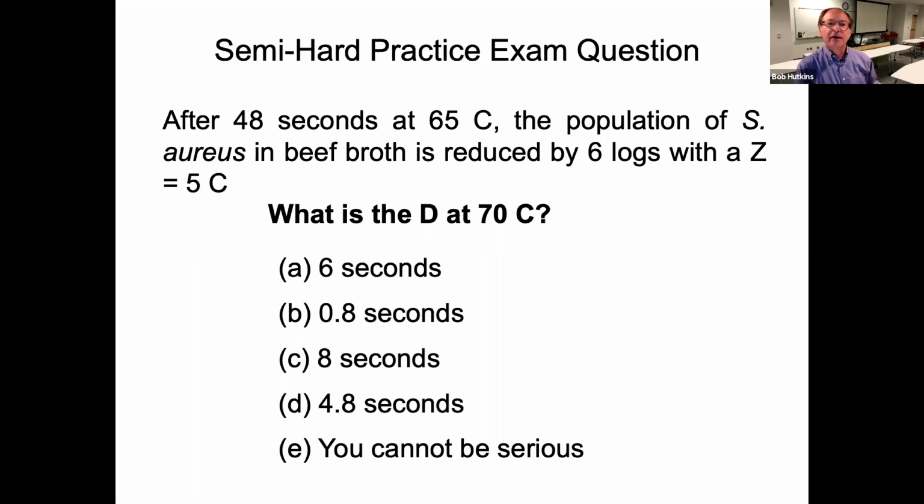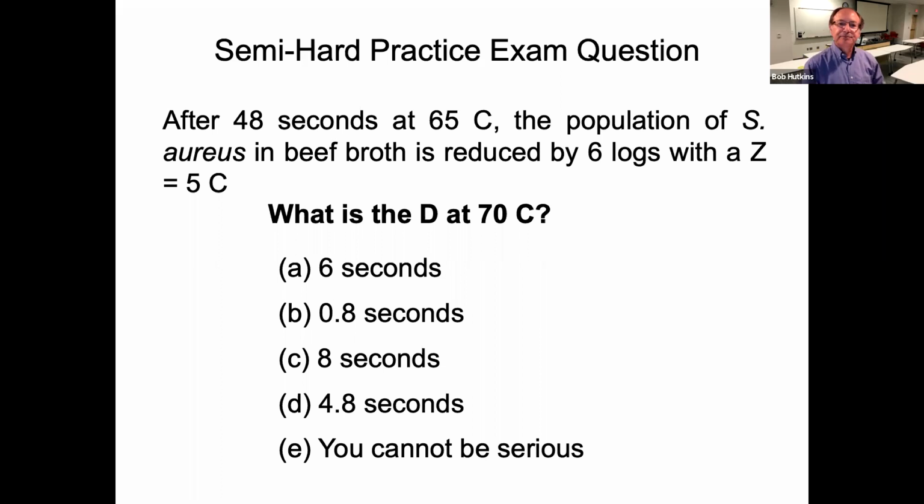How'd you know that? Because I said there was a 6 log reduction and it took 48 seconds to achieve a 6 log reduction. So 48 divided by 6 is 8 seconds for a 1 log reduction. So every 8 seconds you get a log reduction.